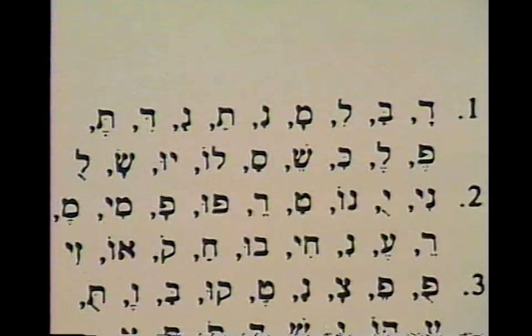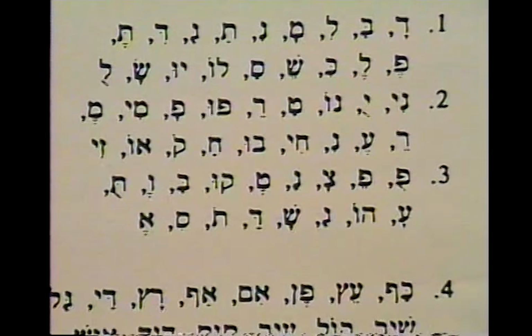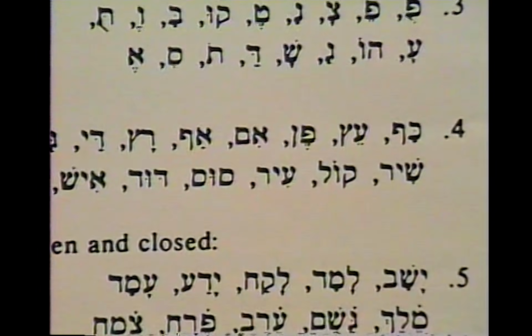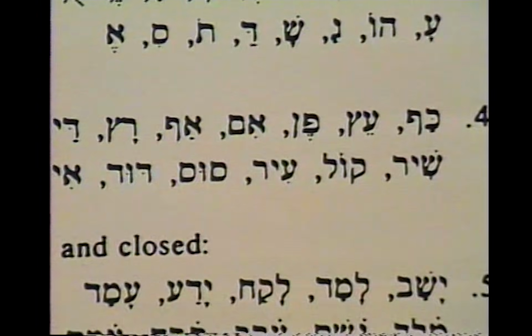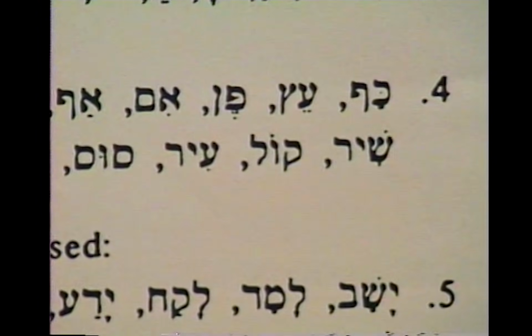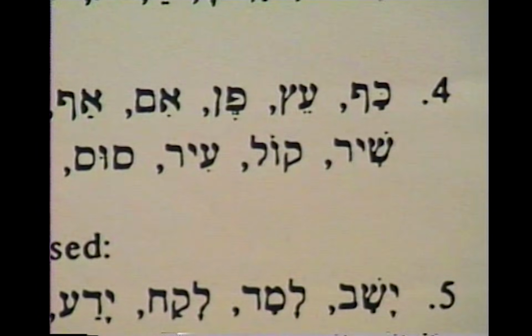All right, now number 2 will be closed syllables. Now remember, an open syllable is one that ends in a vowel. A closed syllable is one that ends in a consonant. All right, number 4, reading, of course, from right to left.